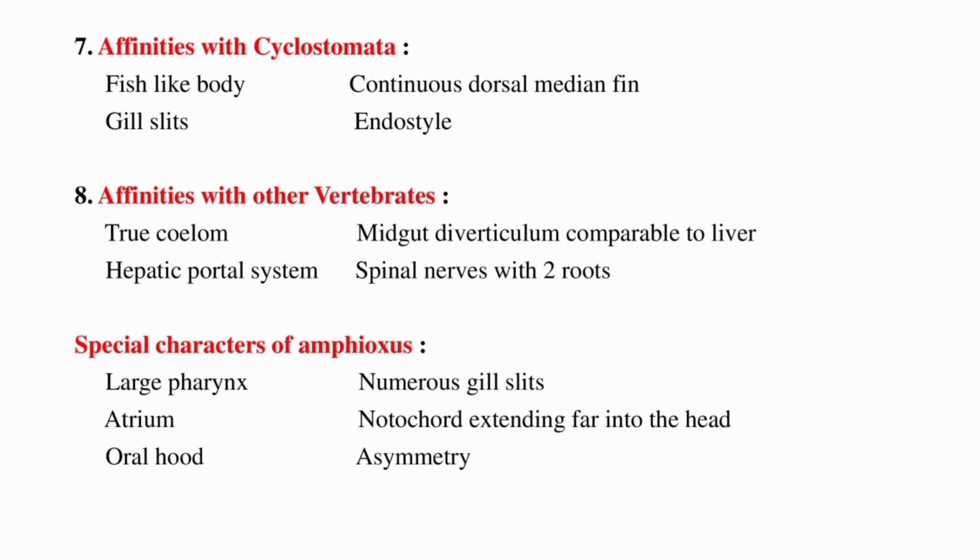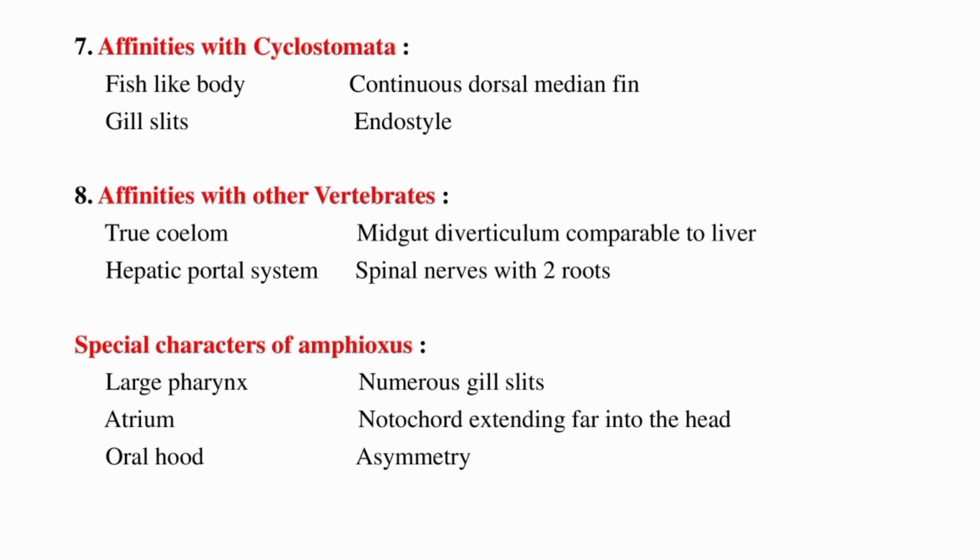Affinities with Cyclostomata: fish-like body, continuous dorsal median fin, gill slits, and endostyle. Next one, affinities with other vertebrates: true coelom, midgut diverticulum comparable to liver, hepatic portal system, spinal nerves with two roots.